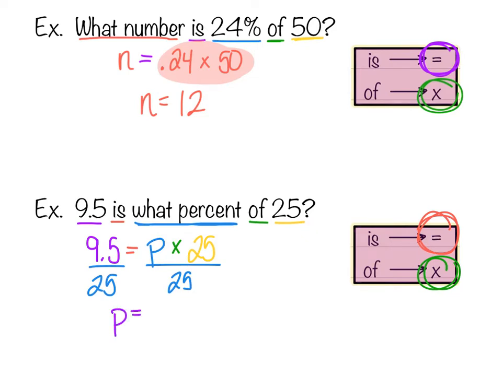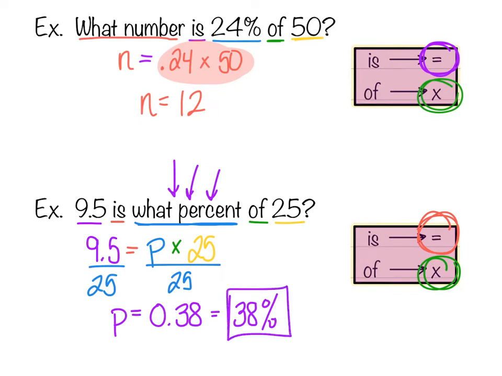So p equals 0.38. But remember that it said what percent is that. So what I need to do is convert that, move the decimal 2 spots to the right, and that gives me an answer of 38%. So answer the question, make sure we answered it. 9.5 is what percent of 25? It's 38%.